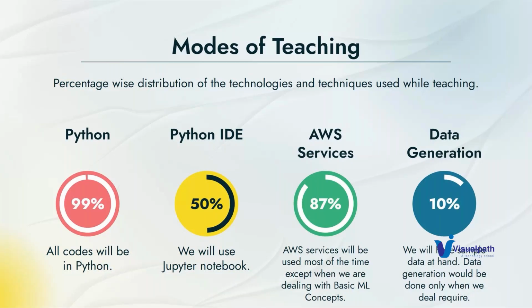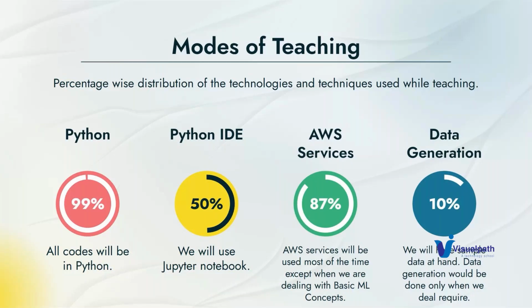But when we are looking at the very basics of an algorithm, for example XGBoost, there is a possibility that we will generate the data on the fly. We would be using either Python or some AWS service for data generation.